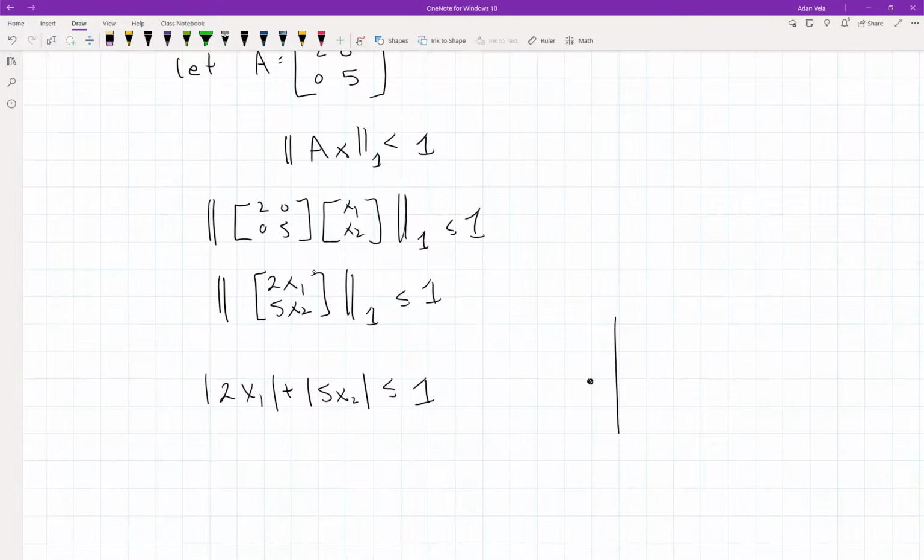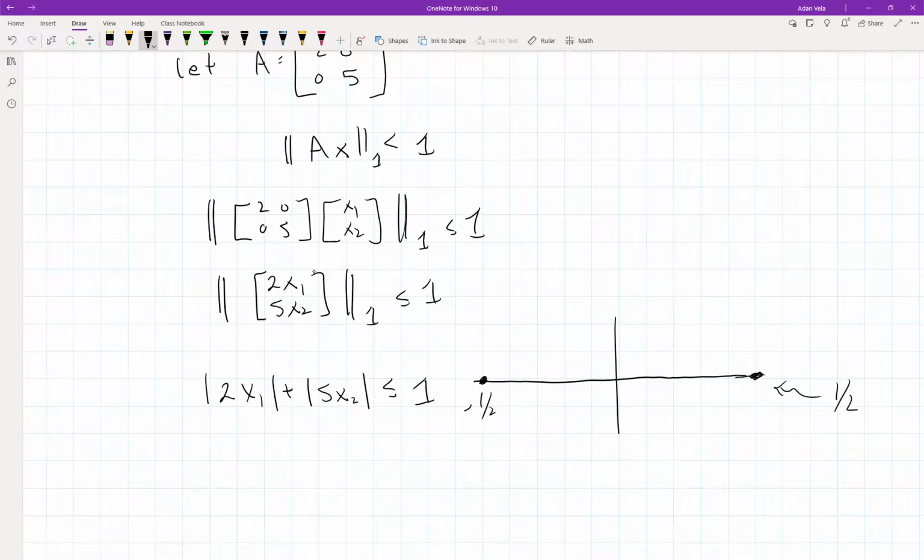Actually, let me draw it differently. Let's say this is 1/2. If x2 is 0, then the points of the diamond can be 1/2, because 2 times the absolute value of 1/2 is equal to 1.